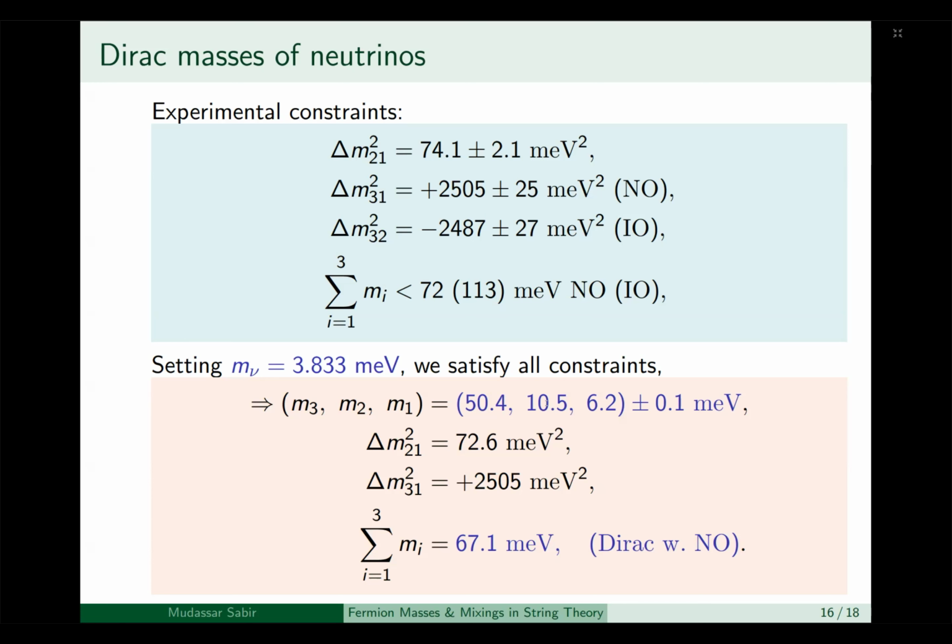This 6.2 MeV is very interesting. It is less than 7.7 MeV, the normal ordering swampland bound. So basically the result satisfies both the swampland constraints as well as the experimental constraints.